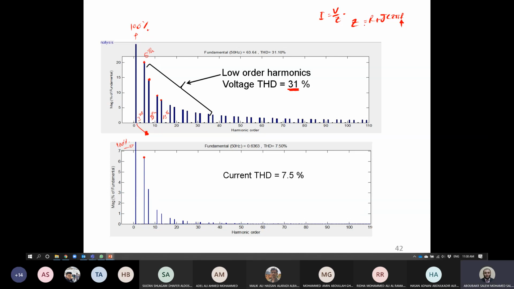So the impedance at the fifth harmonic order will be higher. If it is only inductive, it will be 5 times. But here it's both, so we cannot know the exact value, but it's higher than the fundamental impedance. For that, you will find the fundamental current is lower than the fundamental voltage magnitude.